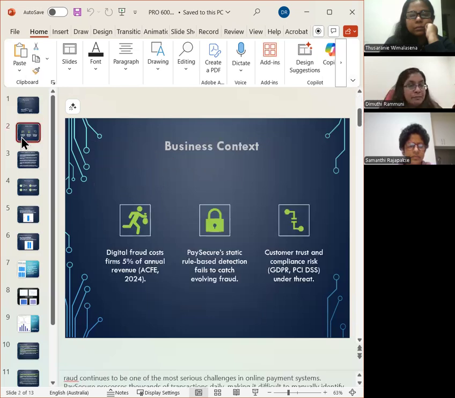Moving to our next slide, it is our business context. Online payments fraud is a serious global problem, as everyone knows. PaySecure handles thousands of transactions each day, which makes it difficult to catch suspicious activities by hand.